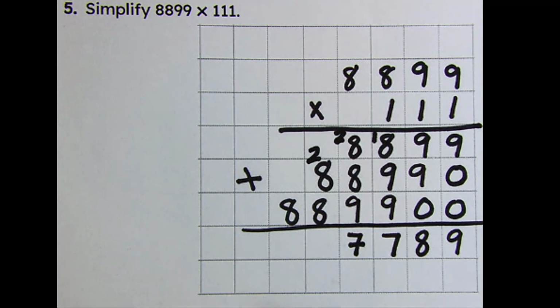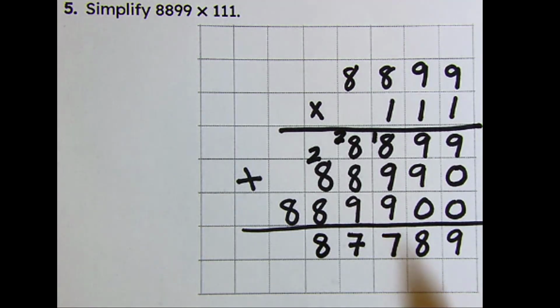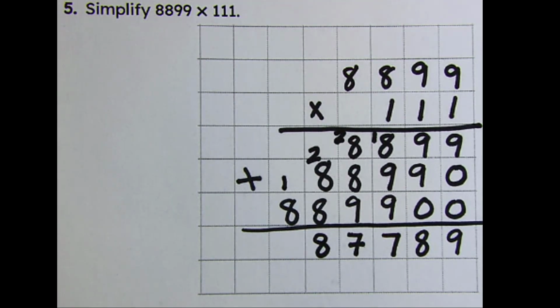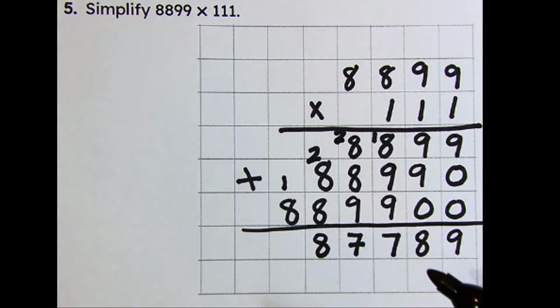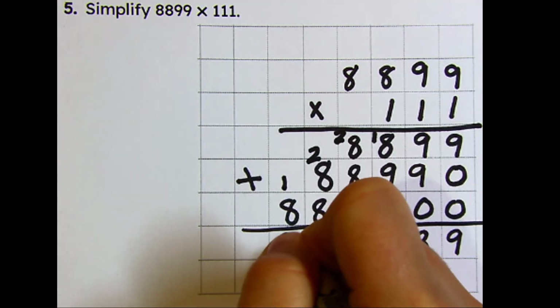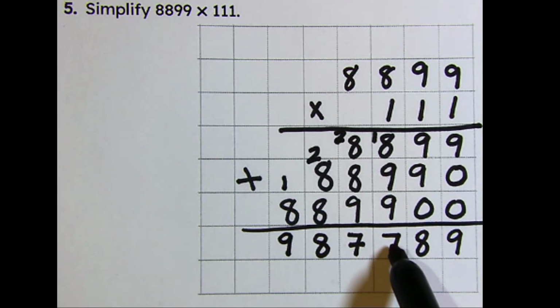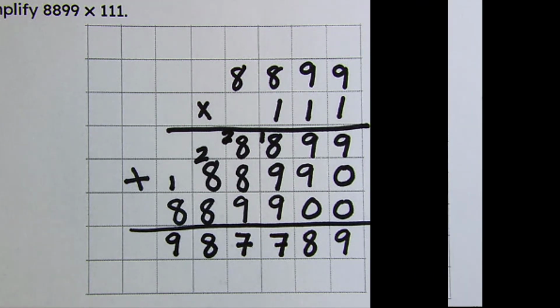So that's 18 10,000s. So I write the 8 and regroup that 10 there. 1 plus 8 is 9. So that gives me 987,789.